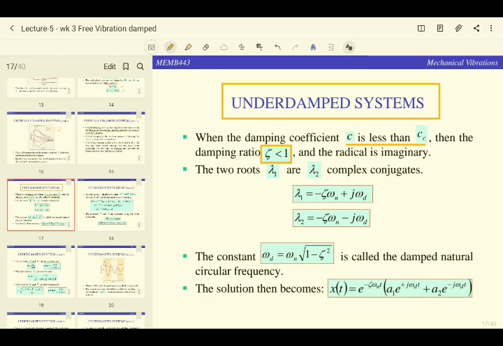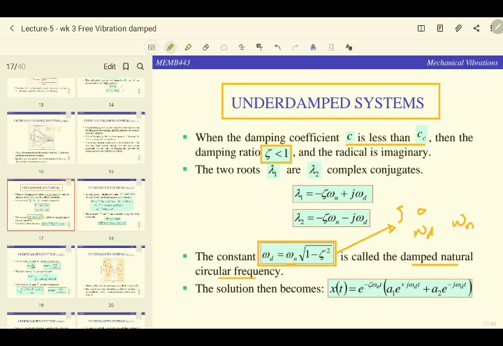If you have an underdamped system, we introduce a new term. Previously we only knew about omega n, but now there is a new omega, which we call the damped natural circular frequency, omega d, because you have zeta. If you look at this equation, if your zeta is equal to 0, then your omega d equals omega n.